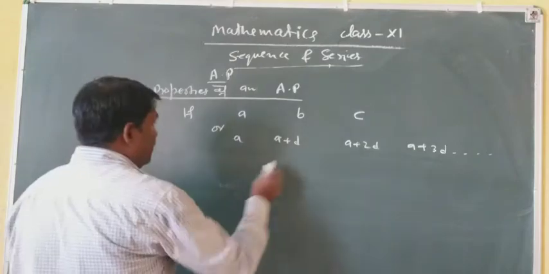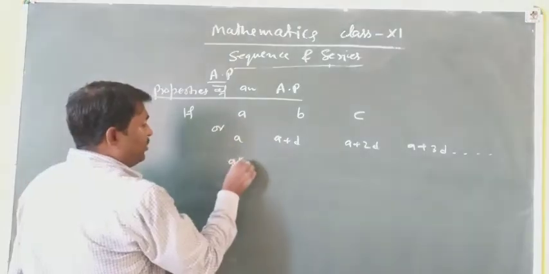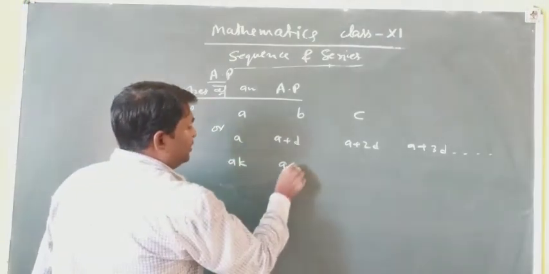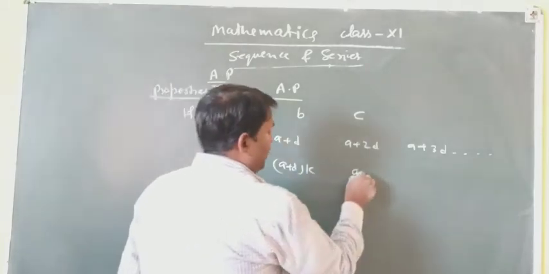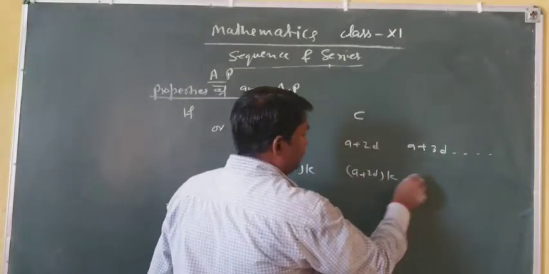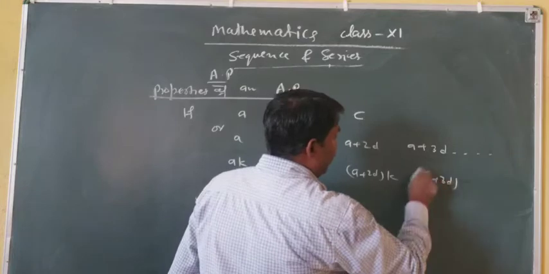See how: A into k, A plus D into k, A plus 2D into k, A plus 3D into k.